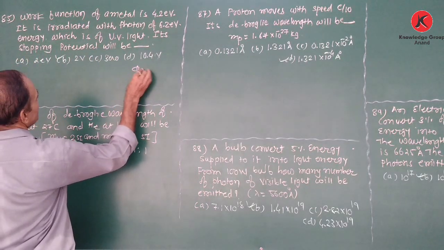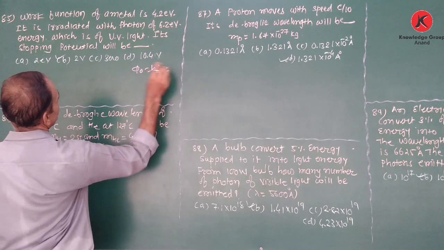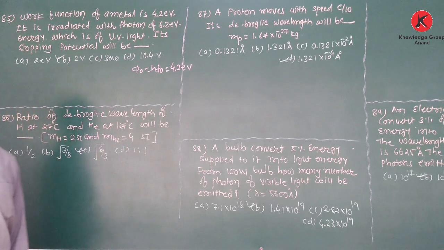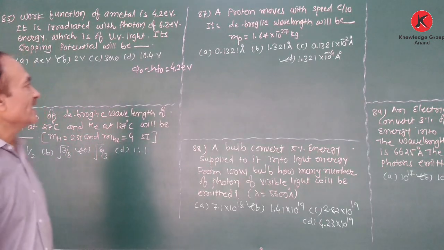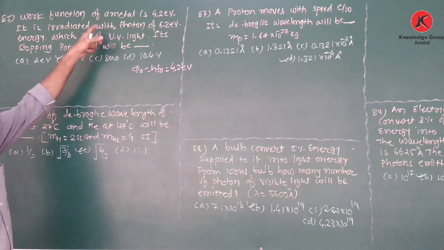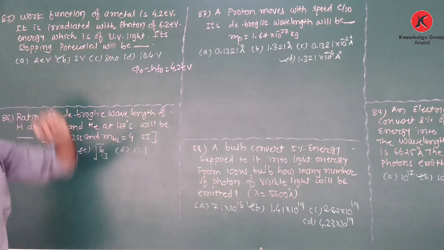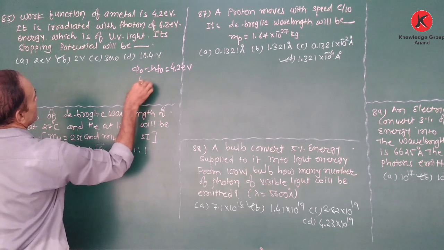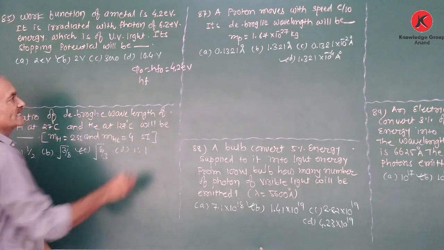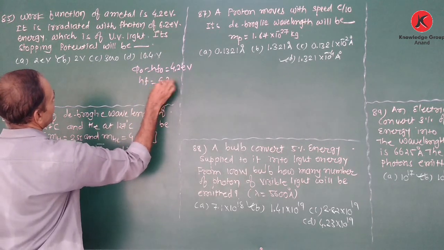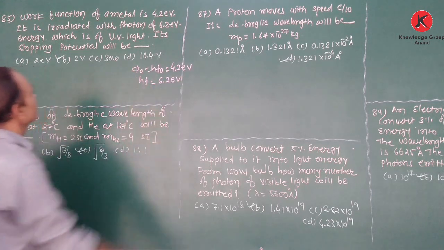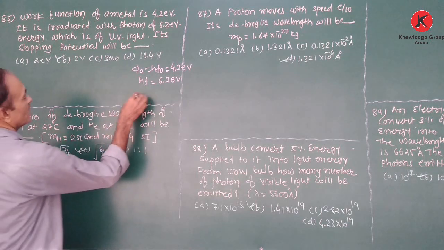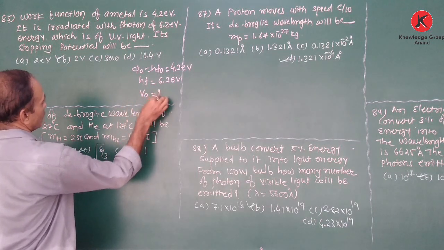That means phi 0 is equal to hf0 is equal to 4.2 electron volt. Now UV light, ultraviolet light: in this light, the photon has energy 6.2 electron volt. Therefore, the energy of the incident photon is 6.2 electron volt. Now, what is the stopping potential of this metal? We have to find out the V0.